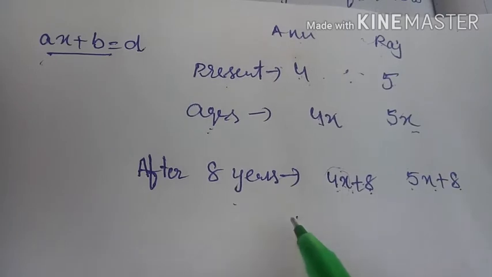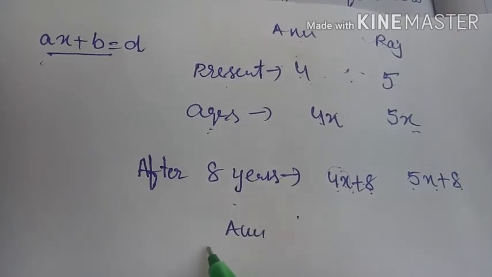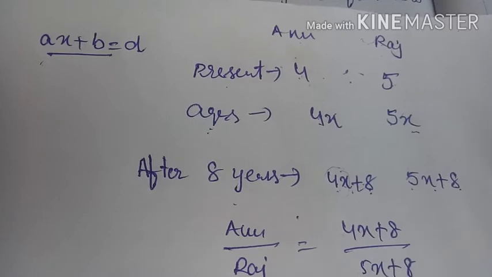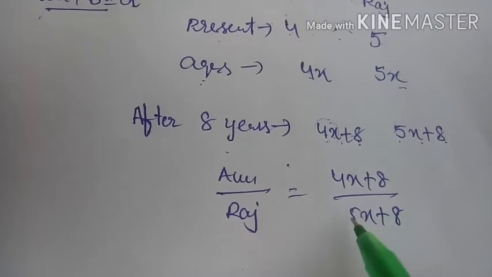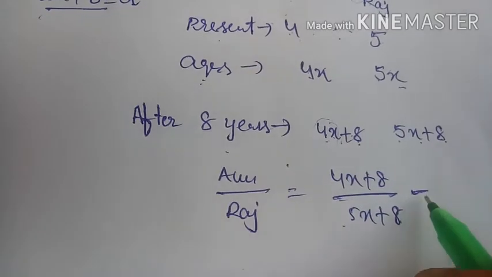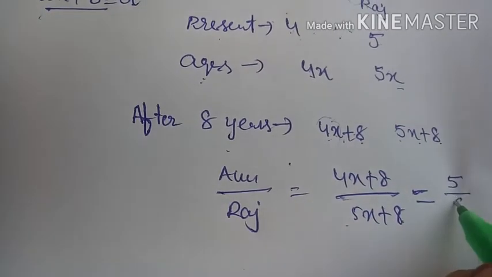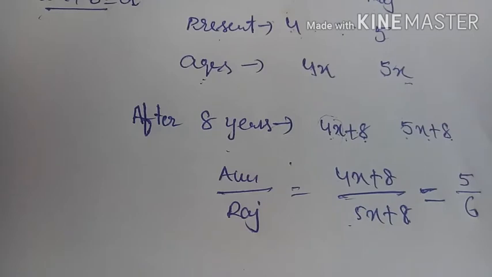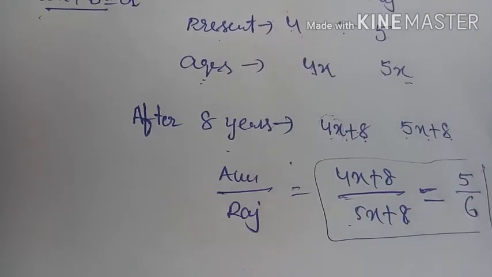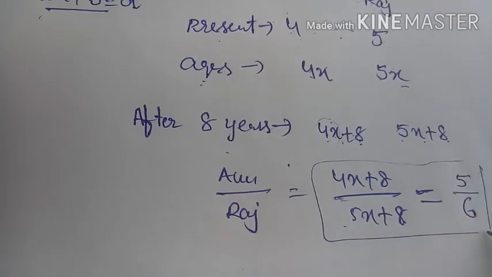Ratio means how can you write it? Anu's age by Raj's age. Yes or no? So that becomes 4x plus 8 by 5x plus 8. It is equal to the given 5 by 6. Now we got an equation, but it is not in linear form.